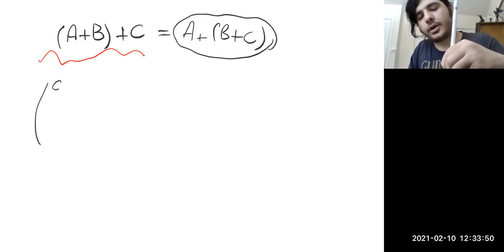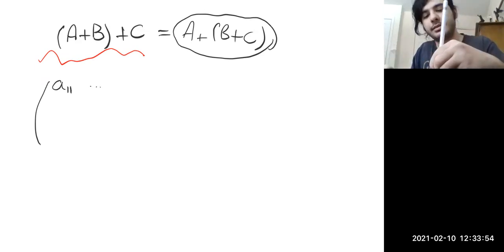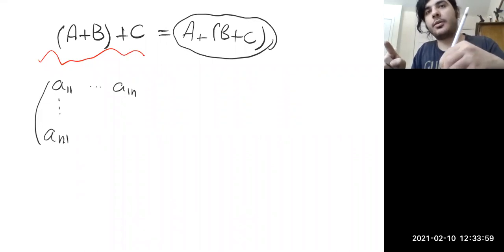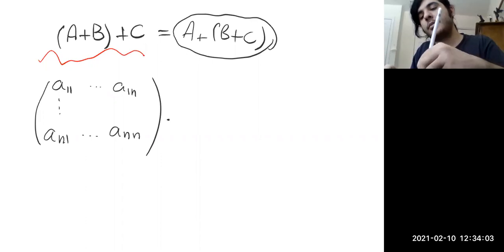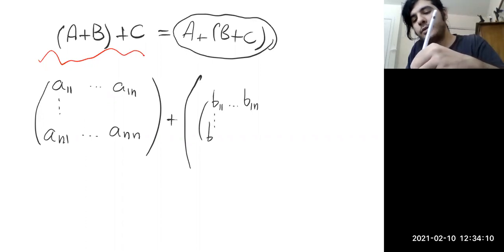So again, for A, I would write down the exact table of numbers which A represents. A11 up to A1n, AN1 up to ANN, plus, parentheses, B11 to B1n, BN1 to BNN.